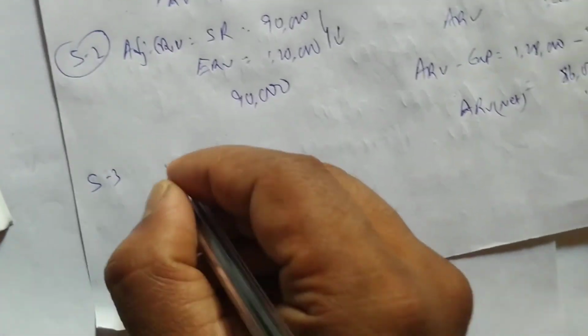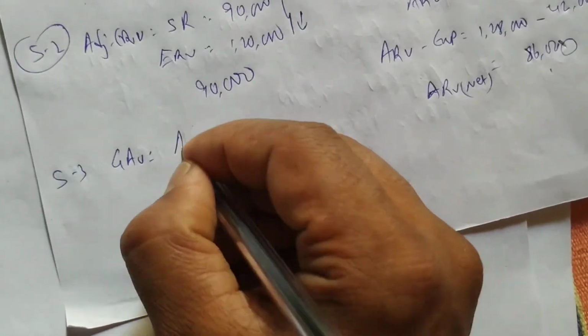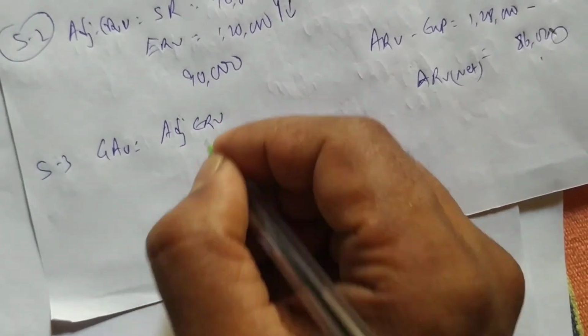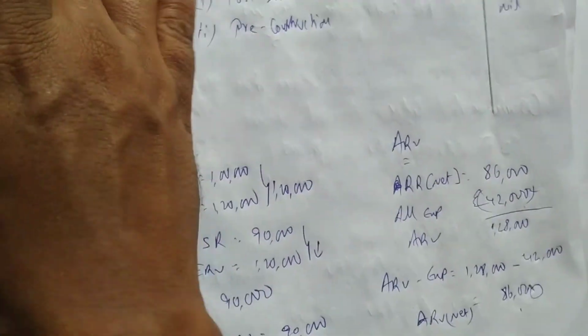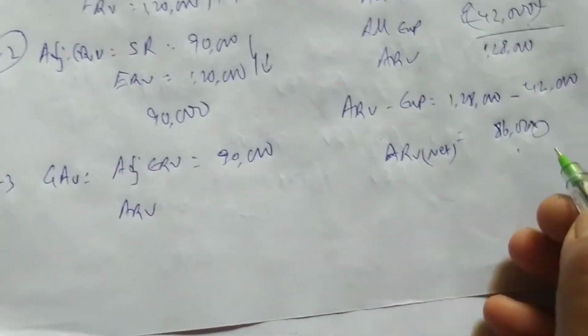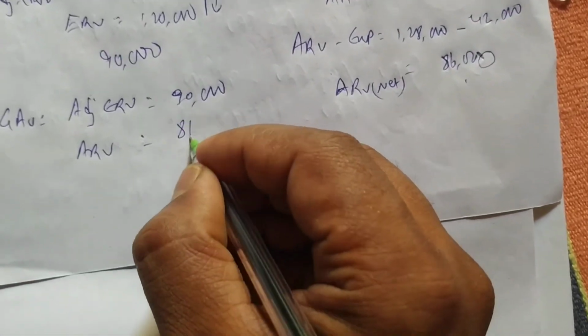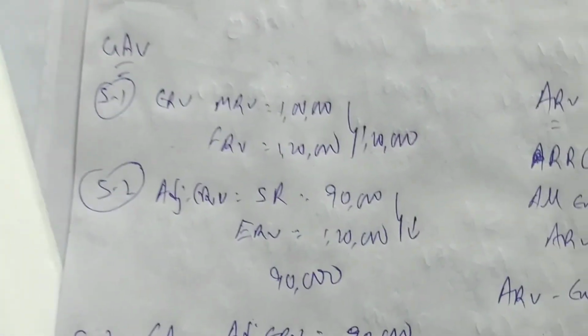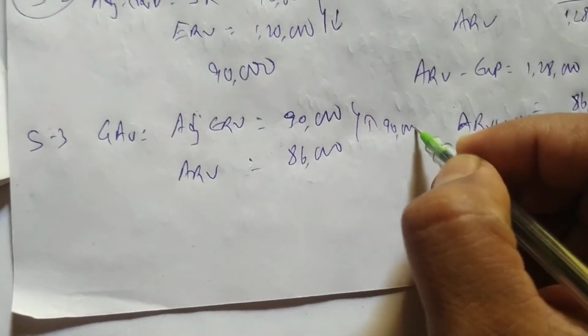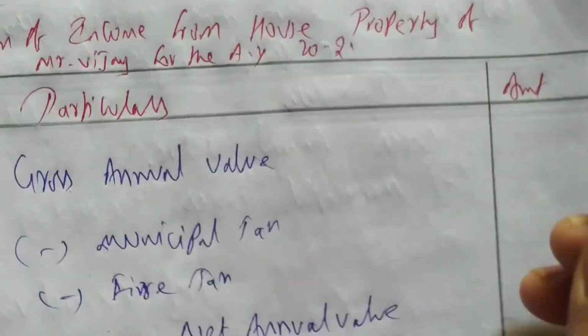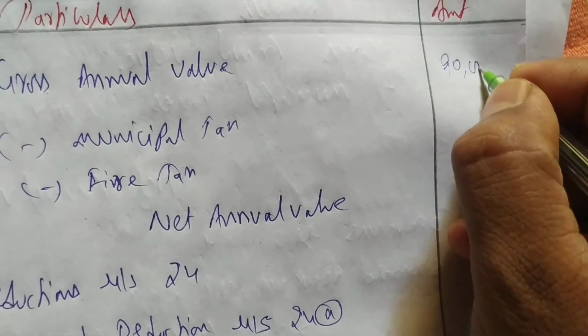Then step 3 is GAV. To find GAV, compare adjusted ERV and ARV. 90,000 is adjusted ERV, and ARV we got as 86,000. So our GAV will be the higher of the two, 90,000.